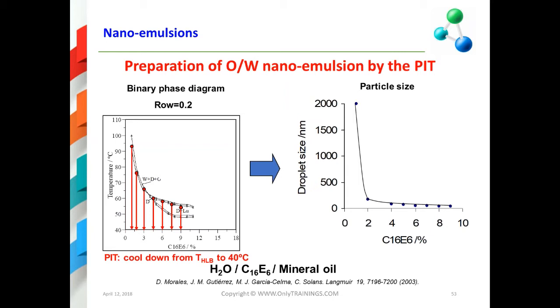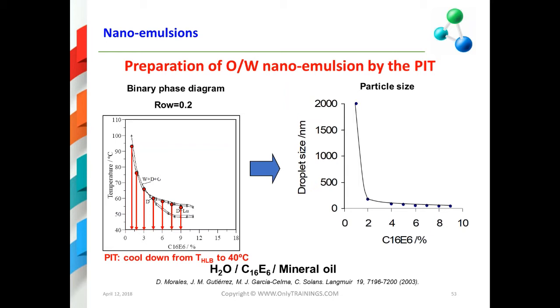The binary phase diagram shows the phases as a function of the temperature and surfactant concentration for a fixed oil to water plus oil ratio that is equal to 0.2. We can observe a diagram with a typical fish-like shape. Okay. As expected for water and ethoxylated surfactants.